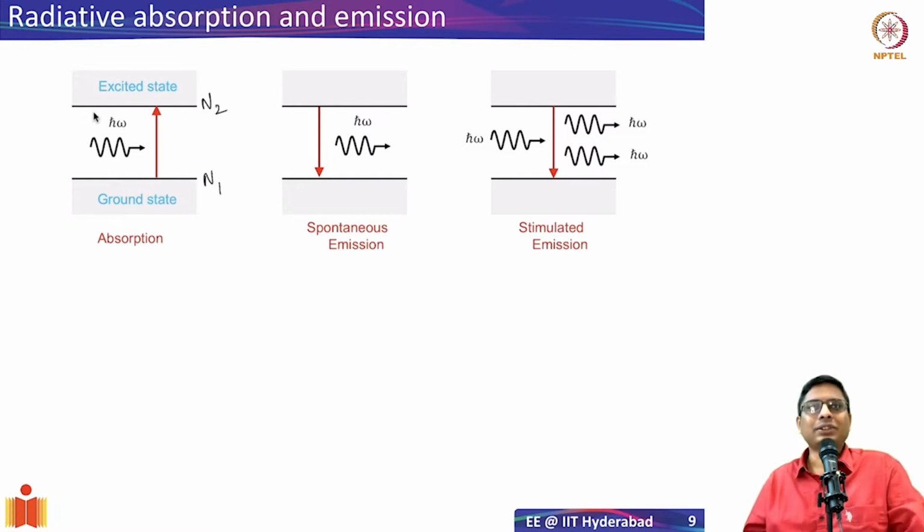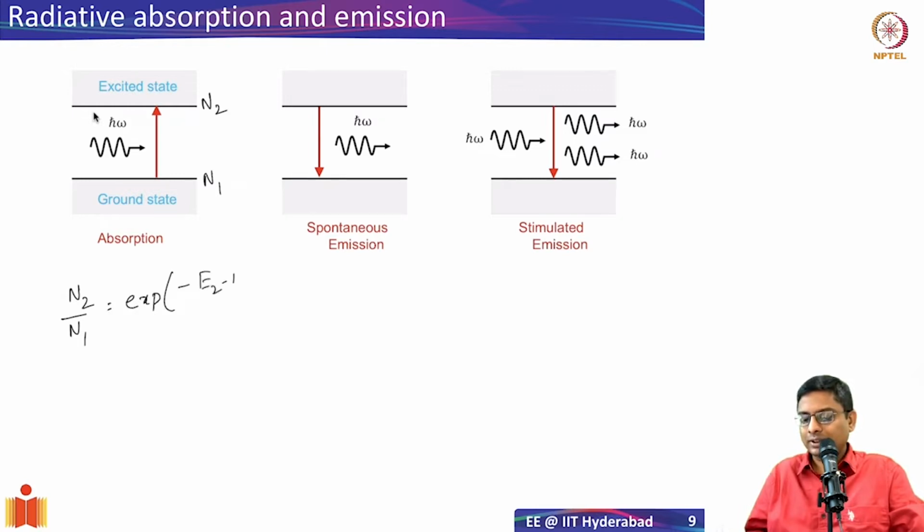Under normal conditions, the system will exist in thermodynamic equilibrium, and there is a specific ratio of atoms that are present. For example, N2 divided by N1, the ratio of atoms in the excited state to the ground state, will be given by the Boltzmann distribution, exp(-(E2 - E1)/kT).